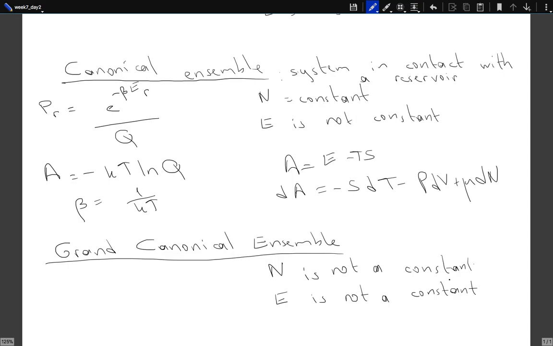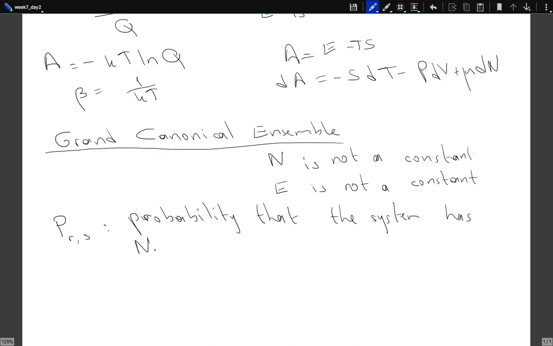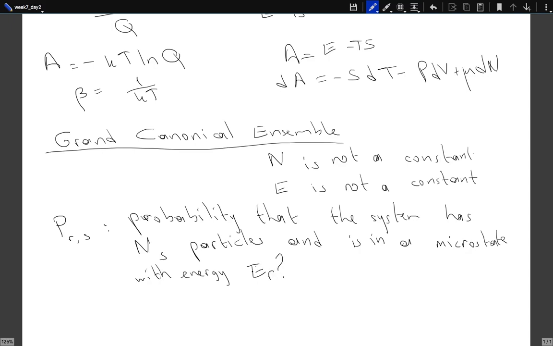Now, in the grand canonical ensemble, we will be asking the question, what is the probability that the system has N_S particles and is in a microstate of these N_S particles with energy E_R? So what is this probability?